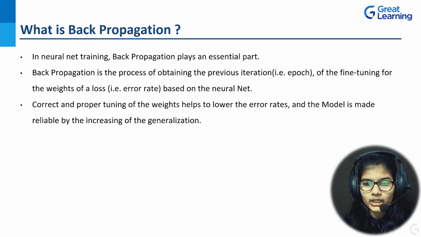So for lowering your error rates, for getting your model better, the correct and proper tuning of the weights is done. And for making your model more reliable, more stable, you need to increase the generalization of that model.